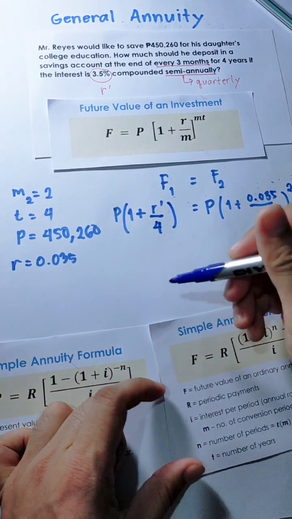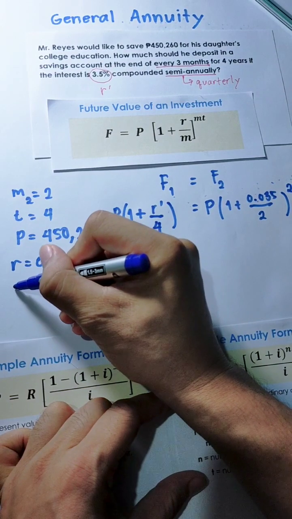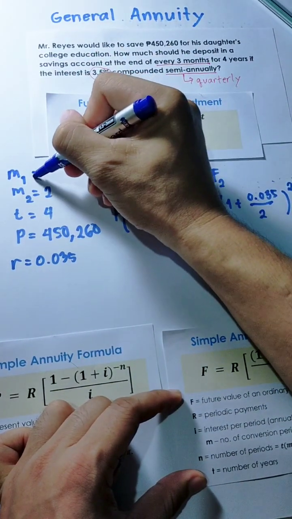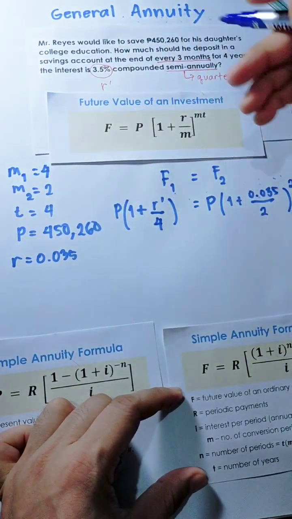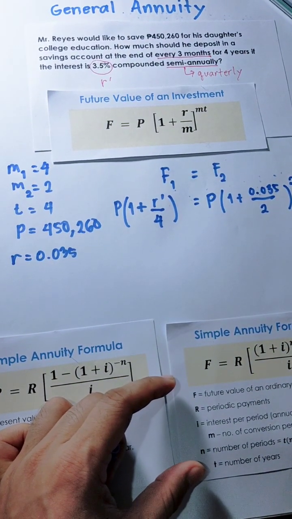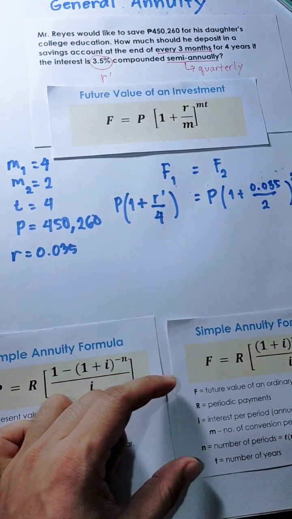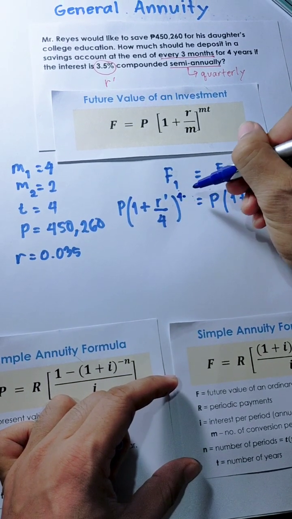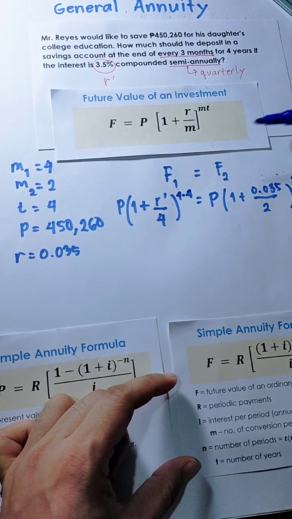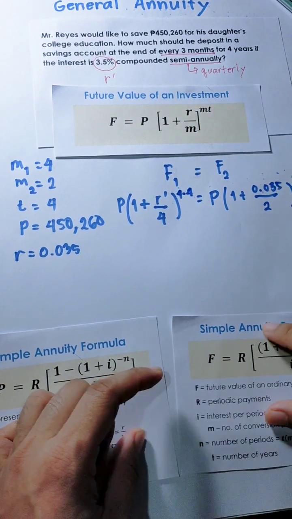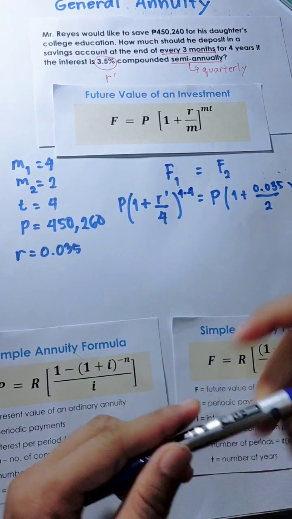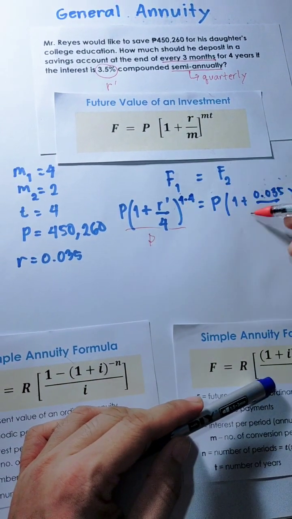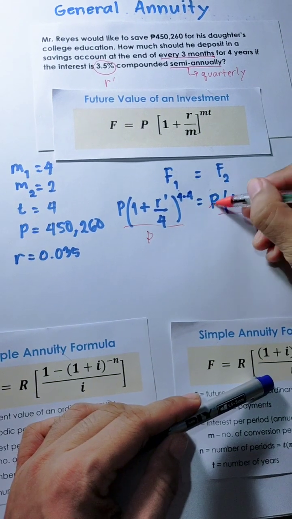We can denote that as our M1 here. M1 is equal to 4. This is now the converted compounding period. And we have 4 times 4 for our T, the number of years. Now let's compute this. If we divide both sides by P, our P will cancel out.